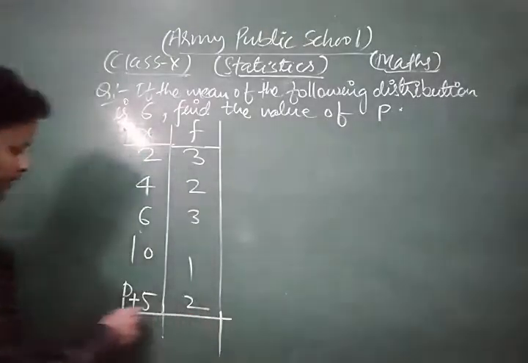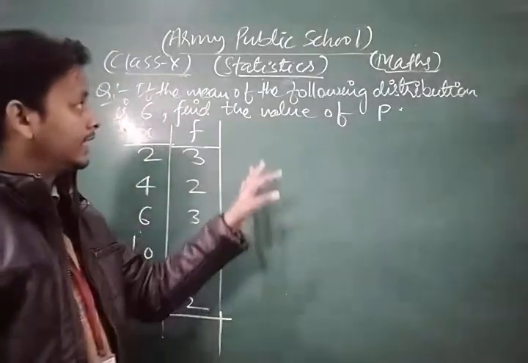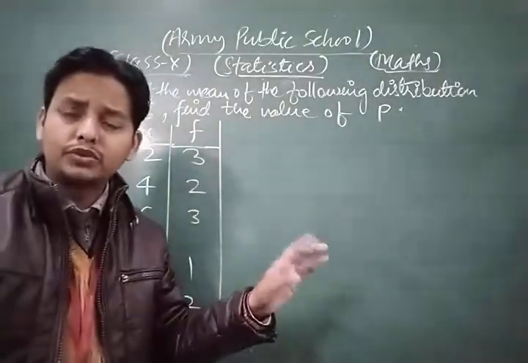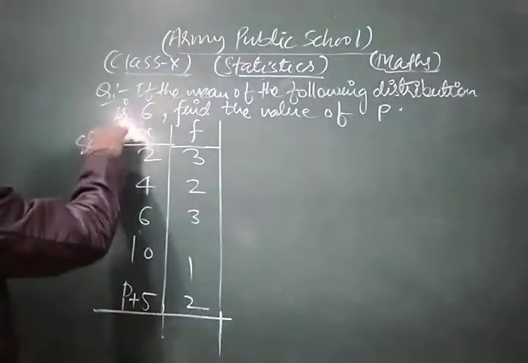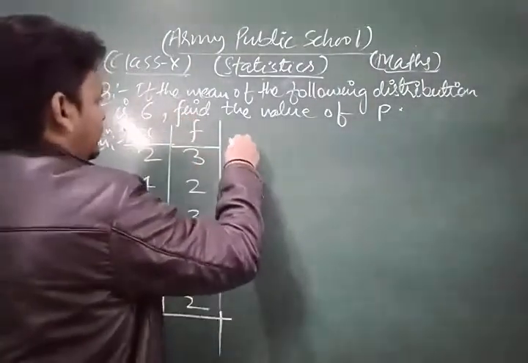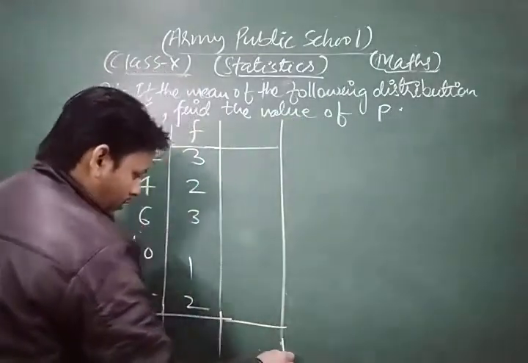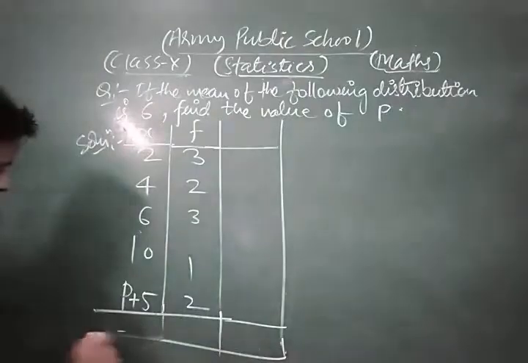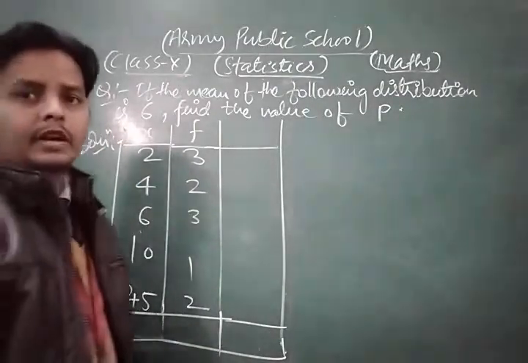First of all, the mean of the given distribution is given in our question. Now let's see its solution. First of all we prepare another column for finding the value of f into x.